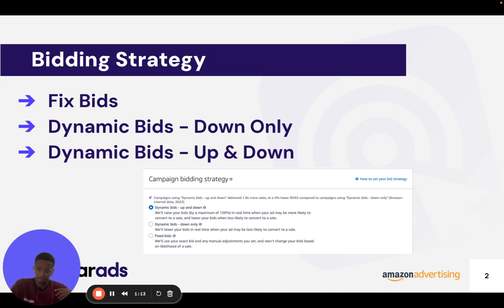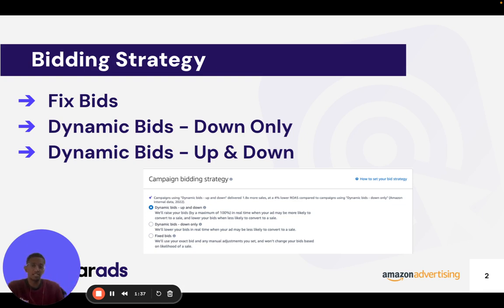Now, with dynamic bids up and down, this is where you can pay slightly more per click if Amazon thinks there's a strong chance your ad will convert. So you could pay up to 100% more than your bid to actually serve for a placement, depending on what Amazon thinks.